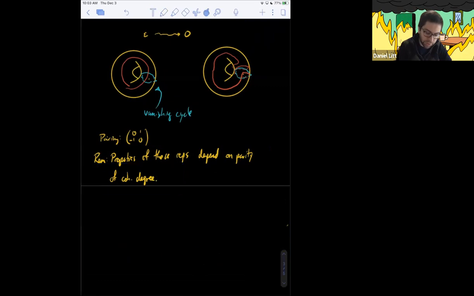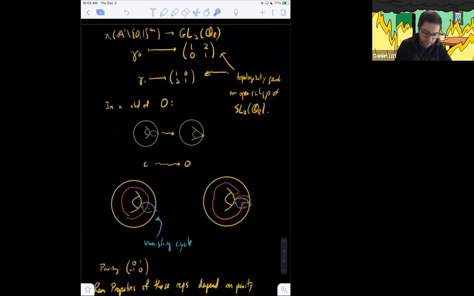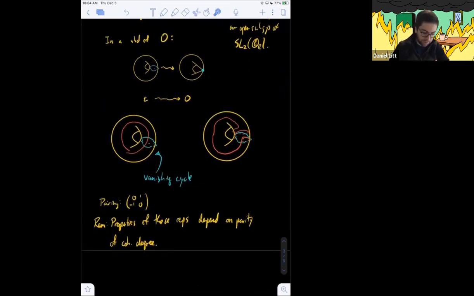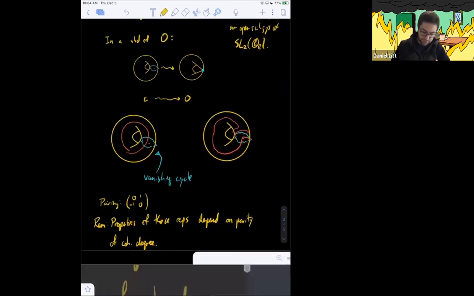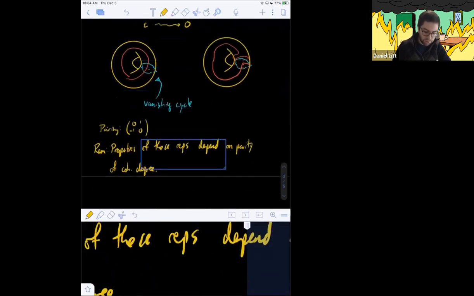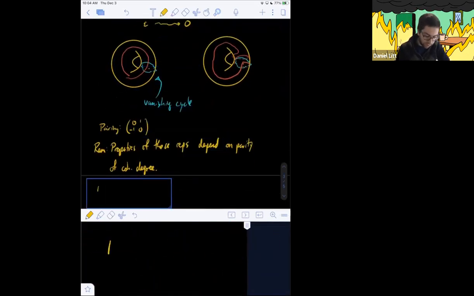You don't really see that so much in this two-dimensional case, because the symplectic group is just the same as SL2. I guess you could kind of see it if you looked at other examples, but in even degree you get things that look kind of orthogonal. So the other example to keep in mind is quadric surfaces.